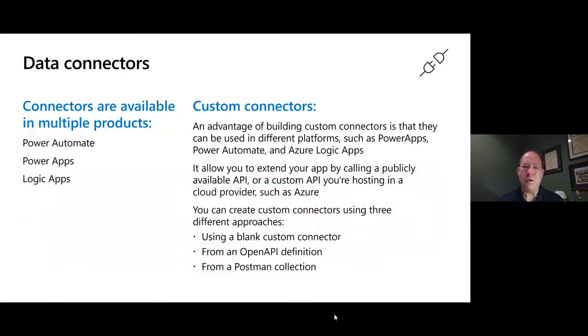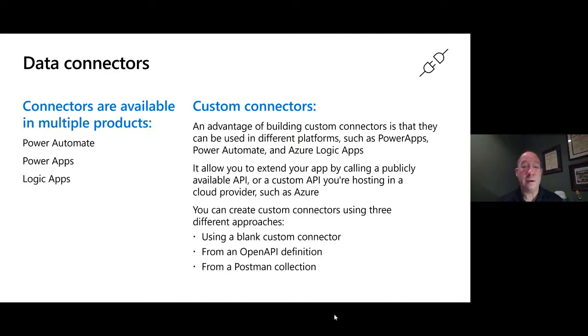So the power, pardon the pun, of Power Platform is its ability to leverage data across many platforms. To do this, components of the Power Platform use data connectors. You can think of a data connector as a bridge from your data source to your app or workflow, which allows information to be conveyed back and forth.